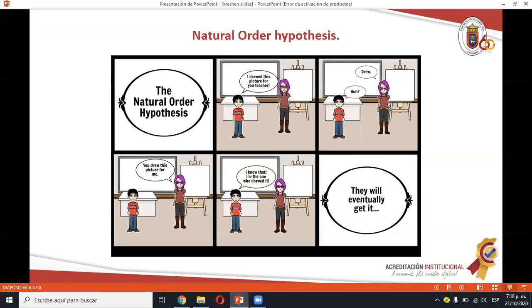Because we see in this example, even though these students know the mistake they are making, they are not able to correct it immediately, because it is knowledge that they will acquire over time, and it will be related with the knowledge that they will be acquiring in a natural way.